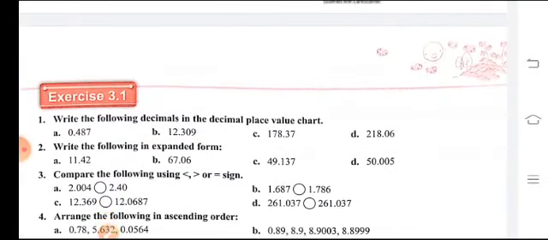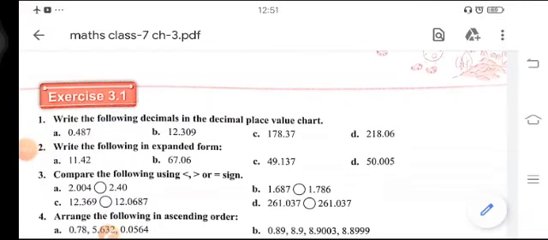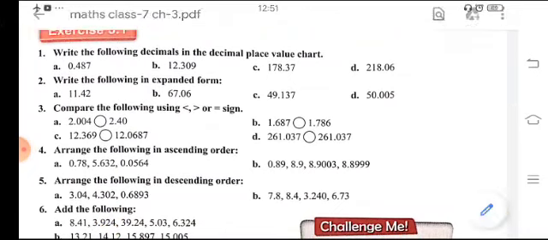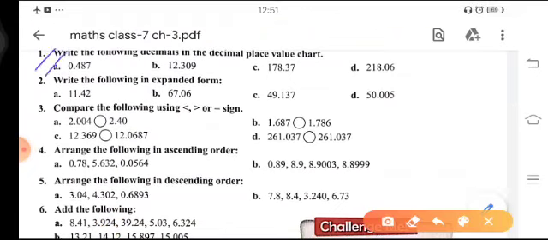Now we will move to our exercise, exercise 3.1. In this exercise, if we see question number 1, we have to write these numbers in a decimal place value chart. So students, you have to make the decimal place value chart as I told you, and write these numbers according to the place value chart and decimal parts.